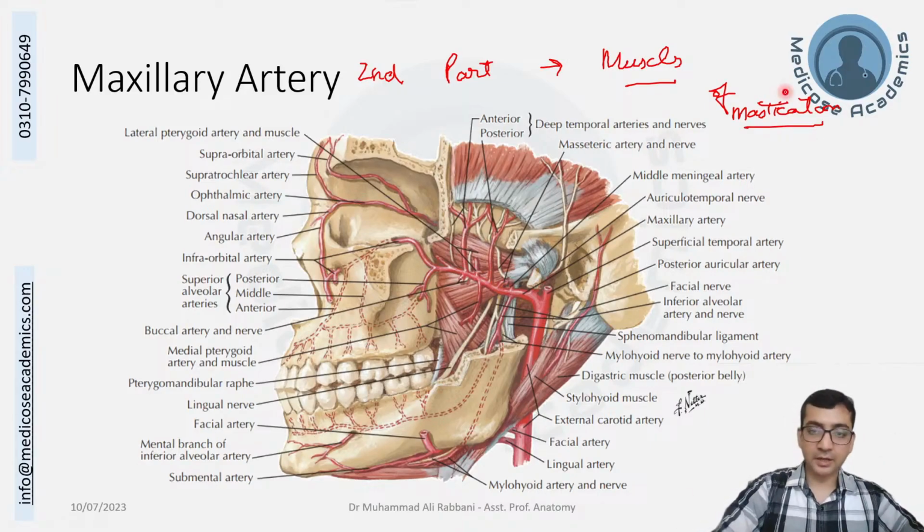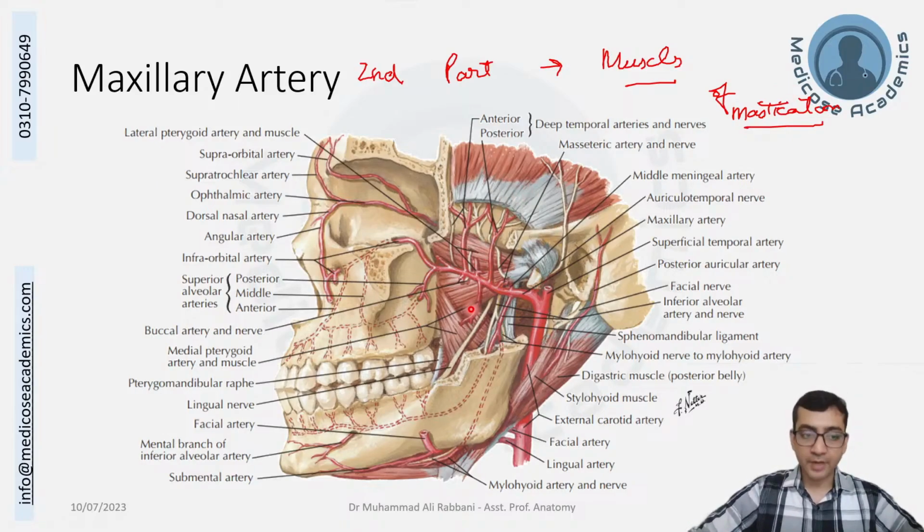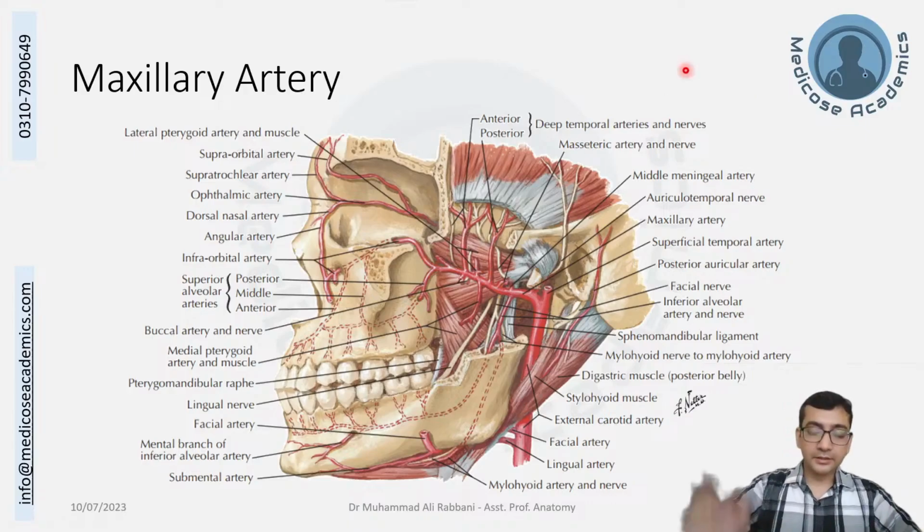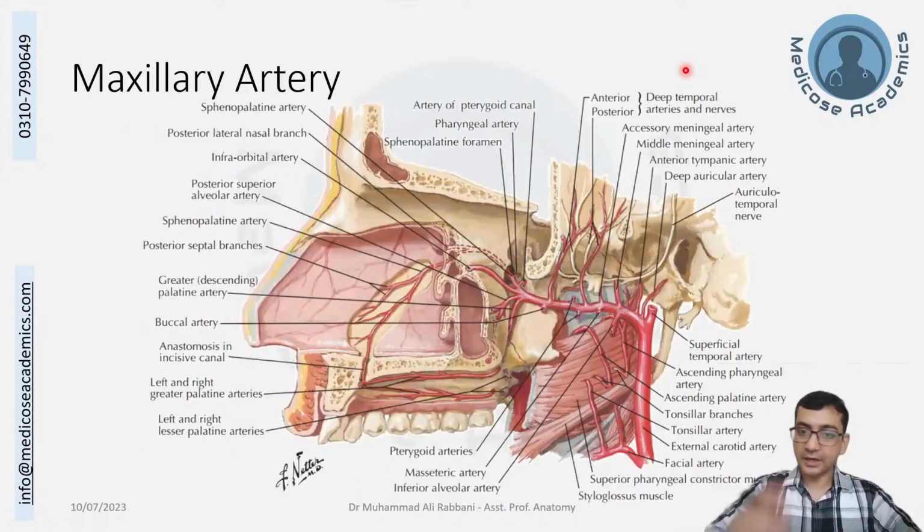The two branches are going to the temporalis muscle. There is a branch going to the lateral pterygoid, a branch going to the medial pterygoid, and a branch going to the masseter. That's it. That's simple. So congratulations, you have completed one of the most difficult topics regarding the arterial supply, the maxillary artery.